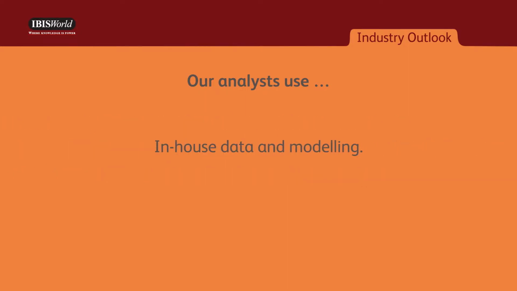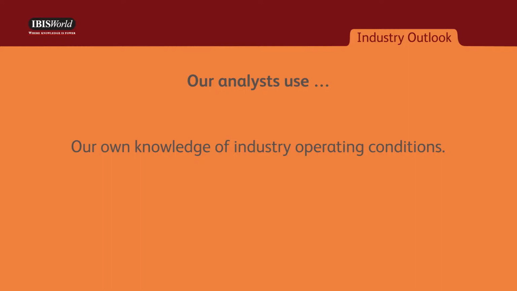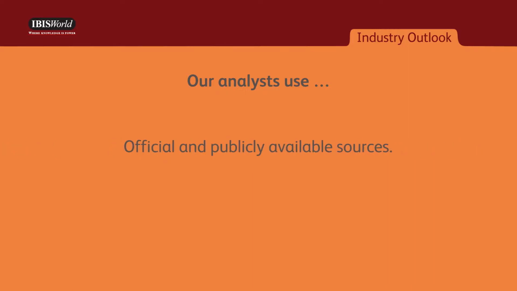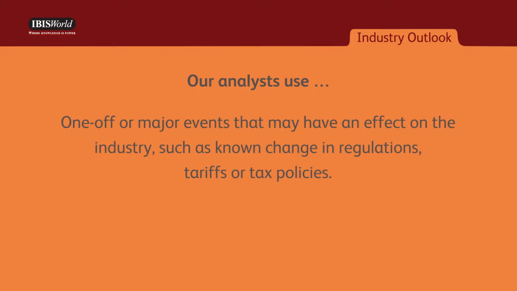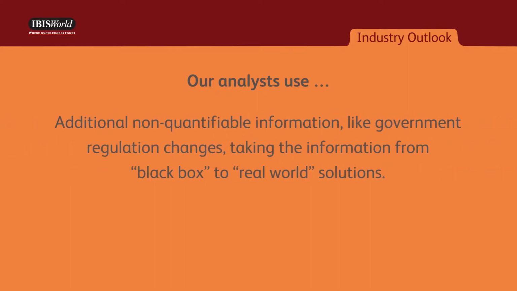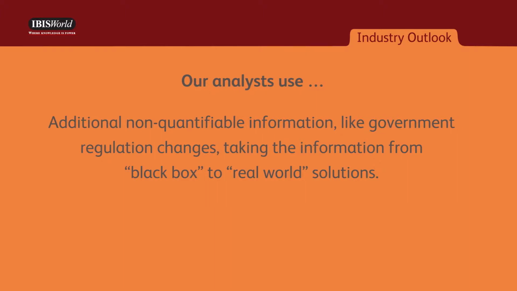They also use in-house data and modeling, our own knowledge of industry operating conditions, official and publicly available sources, one-off or major events that may have an effect on the industry, such as known change in regulations, tariffs, or tax policies, and additional non-quantifiable information like government regulation changes, taking the information from black box to real-world solutions.